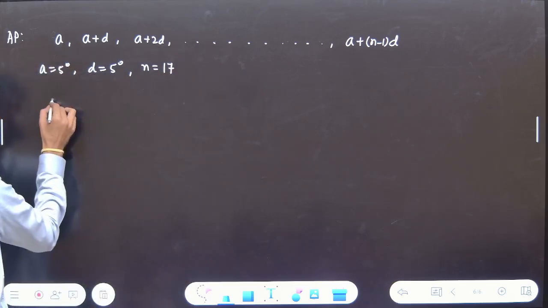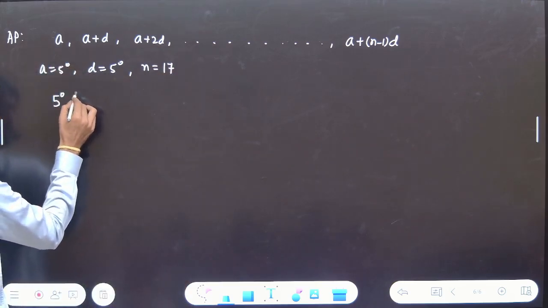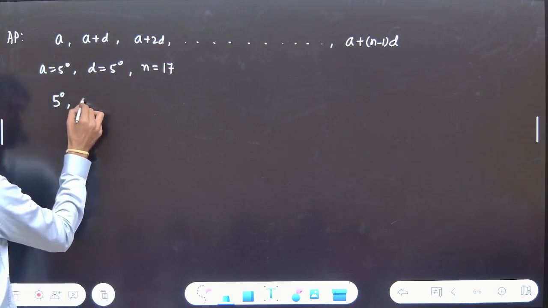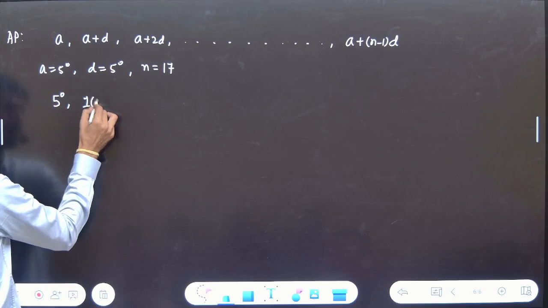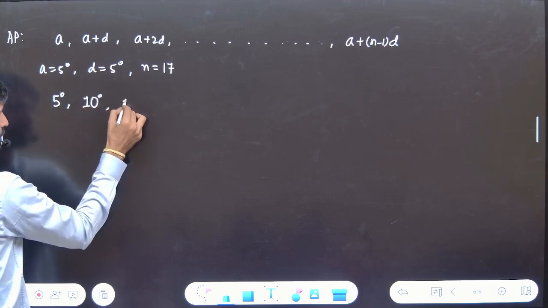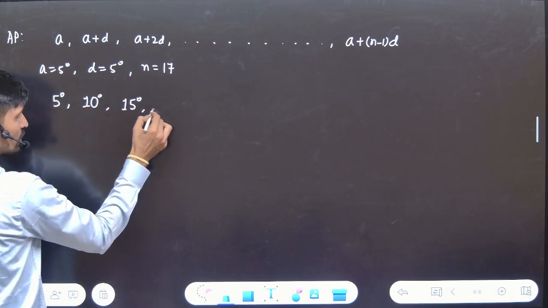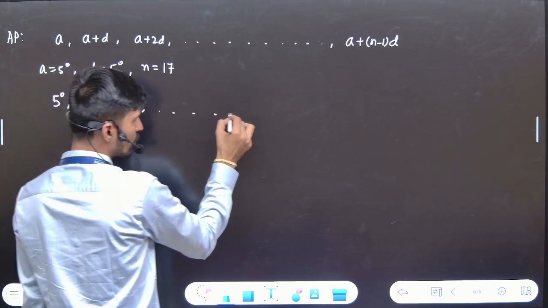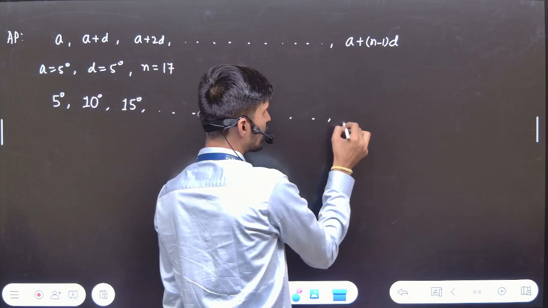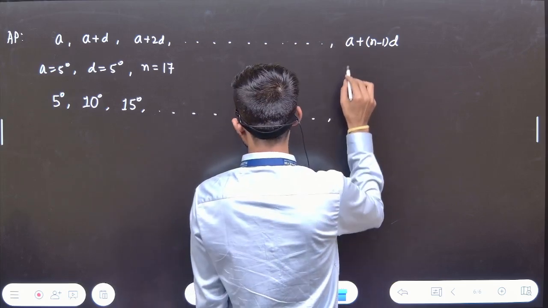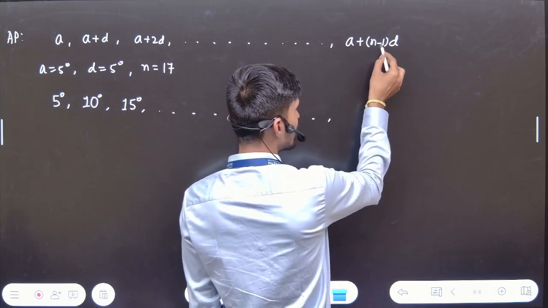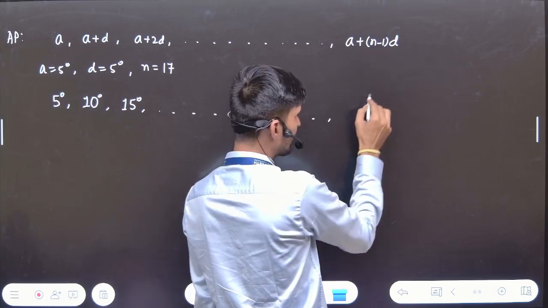So what will be the first angle? 5 degrees. What will be the second angle? 10 degrees. Third angle? Fourth. And so on. What will be the last angle? 5 plus 17 minus 1, 16 into 5, that is 85 degrees.